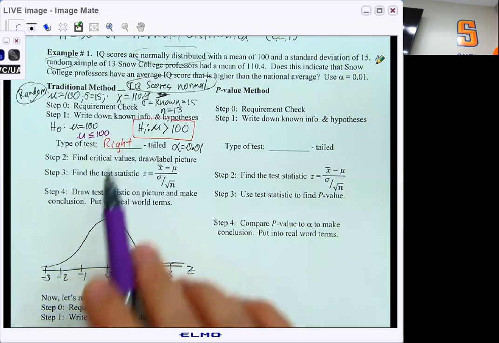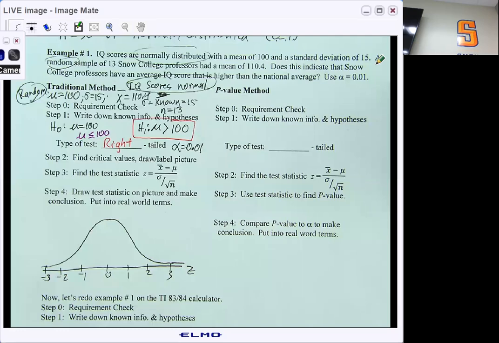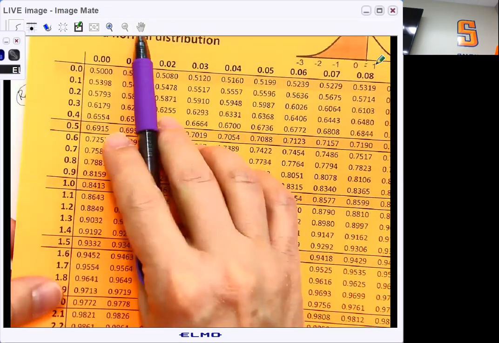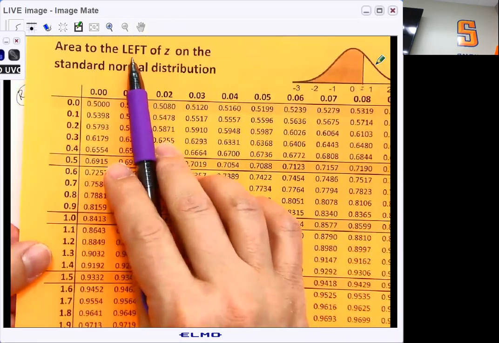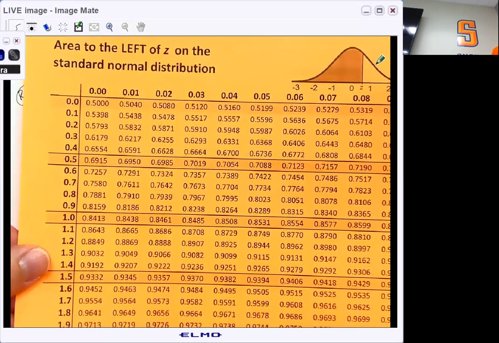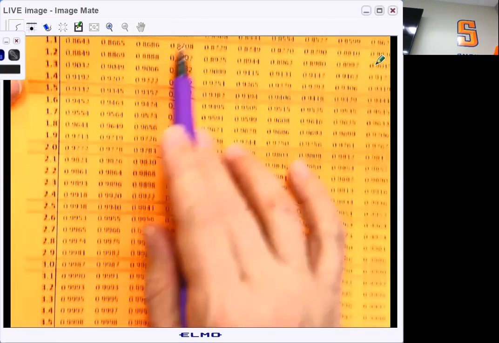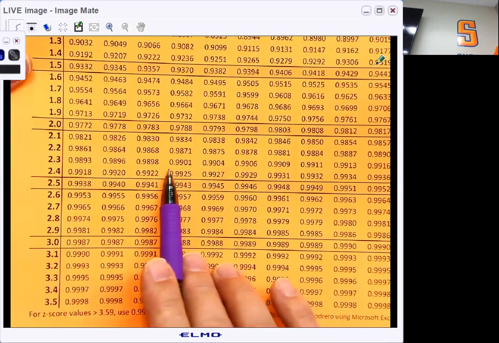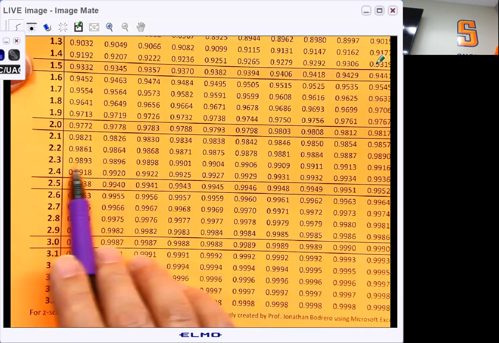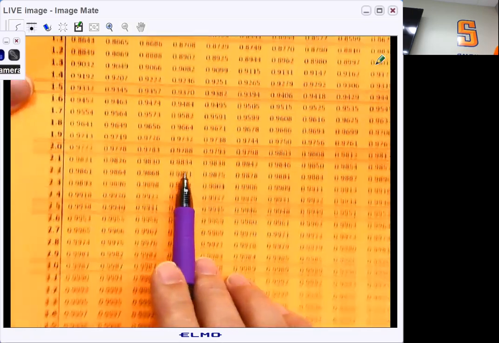Since we're using the z distribution, we'll use our wonderful orange z table. To get 1% in the right tail, we need to find 99% to the left, or as close to it as I can get. This is as close as I can get, so the z-score that will do that is 2.33.